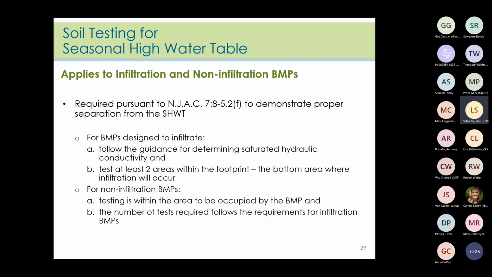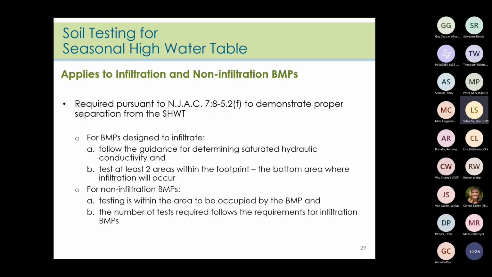And there are others listed there where there's no separation listed in the table. All right, but testing is still required for BMPs with underdrains, grass swales, and BMPs designed to infiltrate. Okay, this section of the chapter never stated that underdrain BMPs were excluded. So that's why we're clarifying this issue.